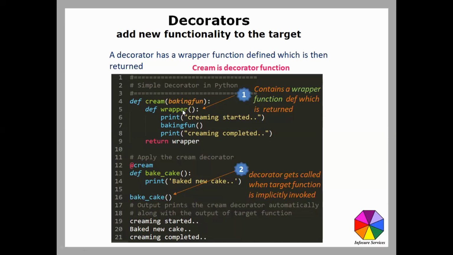Now here is the decorator as a template. In your function, it's wrapping another function inside. That's the f of g of x approach. And when this decorator is there, you can apply it on any target function with this at symbol.